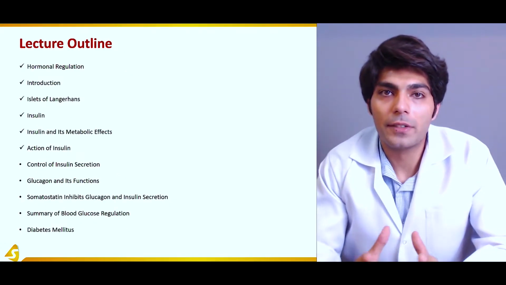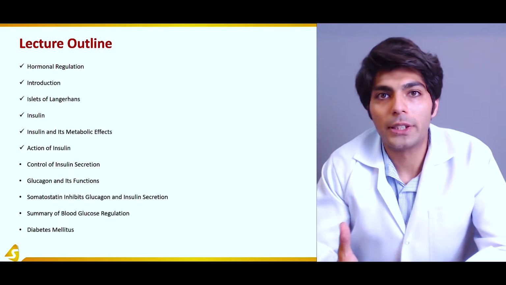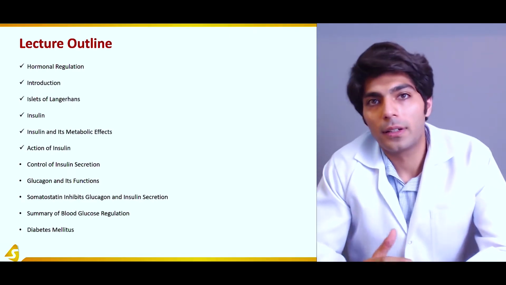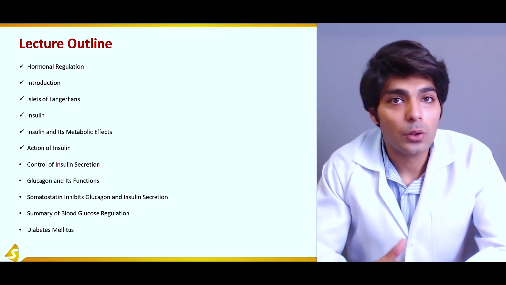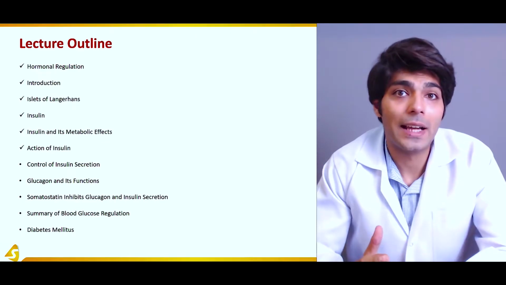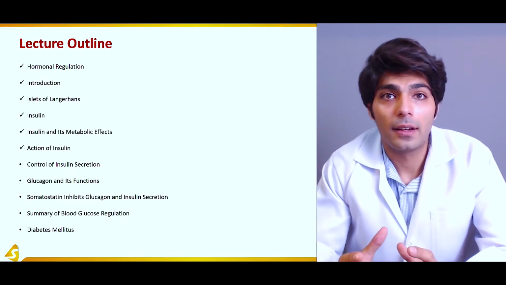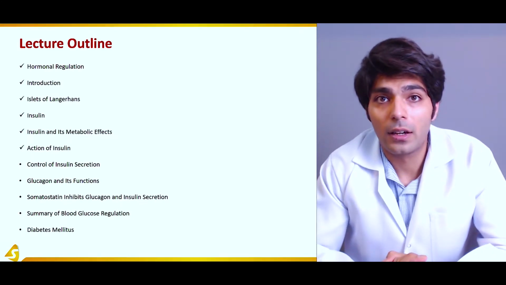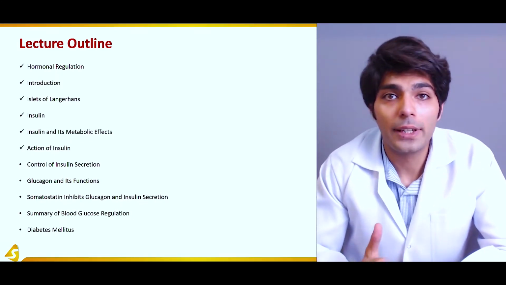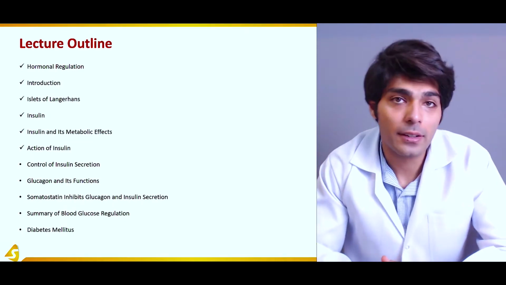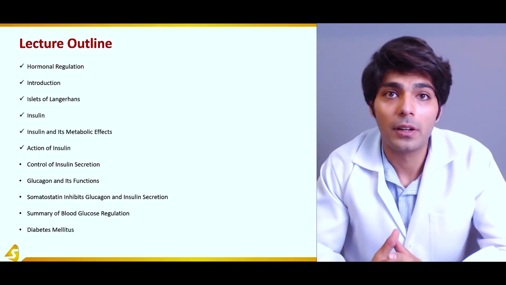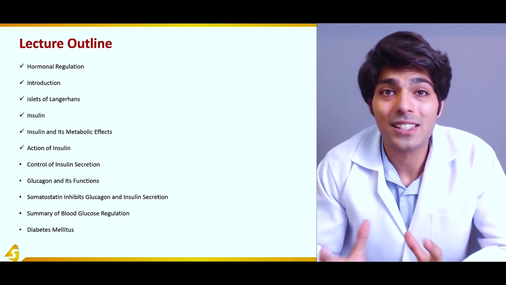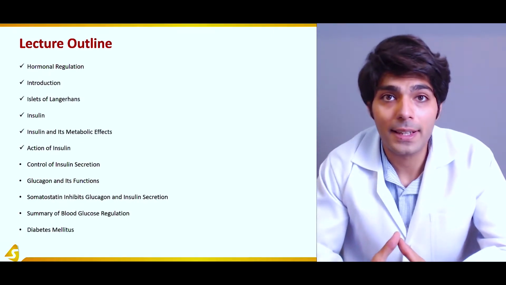So up till now we have discussed the exocrine glands and endocrine glands. We have discussed the islets of Langerhans and the cells which secrete insulin and glucagon. Beta cells secrete insulin, and they are the most in number, almost 60% of the pancreatic cells.